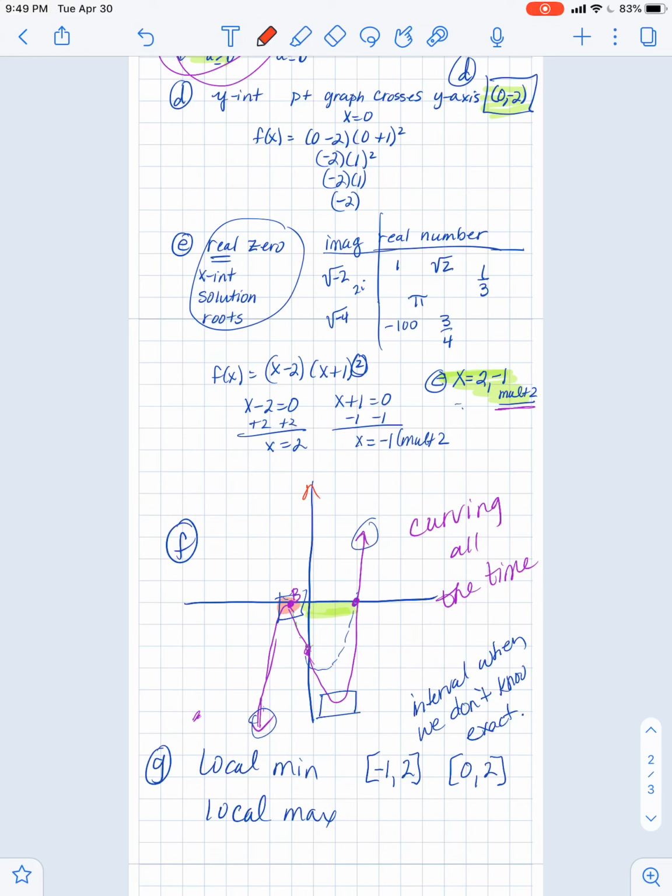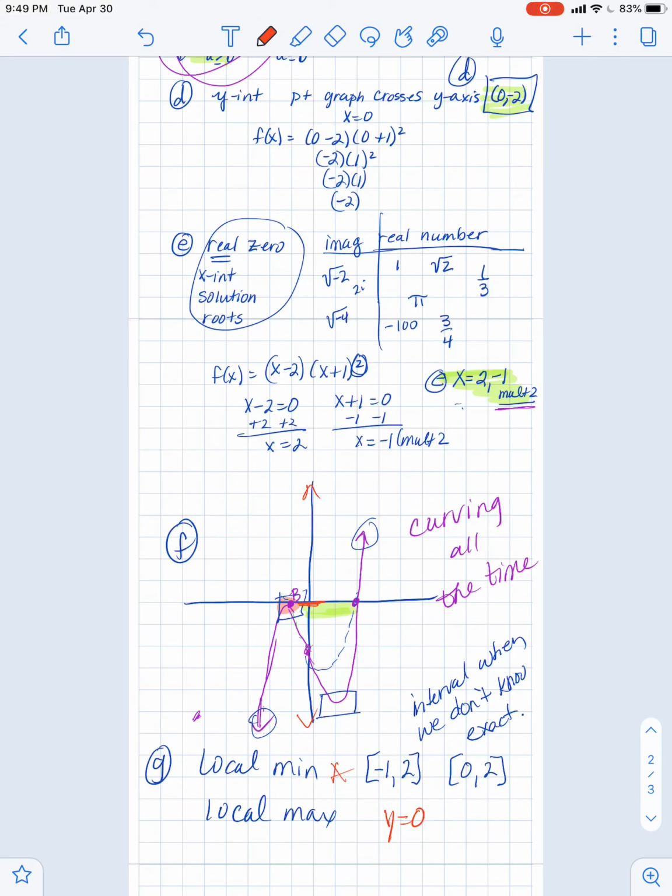Well, height, guys, is your y value, and it's never going to go any higher than that. Well, that point is 0, so y will never be higher than 0. So we say the max is at y equals 0, okay? I could not say that here, okay? I couldn't say it here because I didn't know exactly what it was. All I could say is, oh, it's between these 2 points, okay?